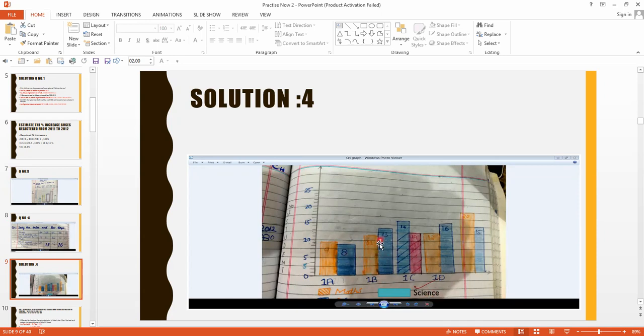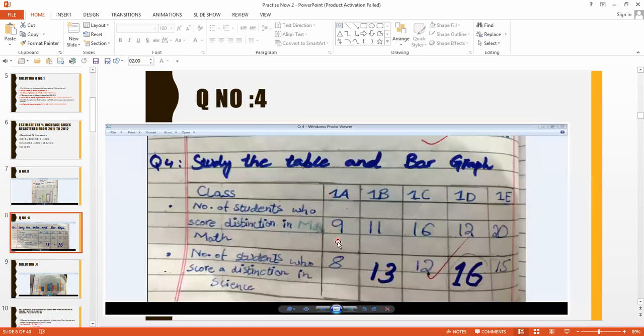So this shows 13 students got distinction in science, and 11 students got distinction in maths. Look at the first value according to this table. In 1A, how many students got a distinction in maths? 9. In 1B, 11, then 16, then 12, then 20.